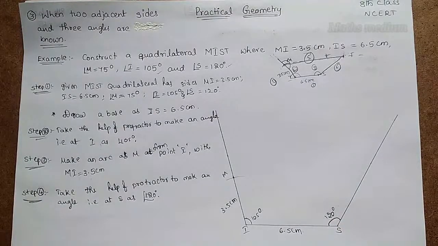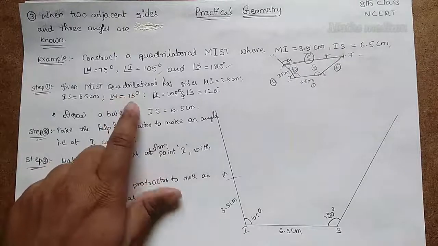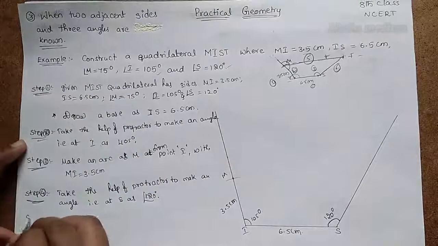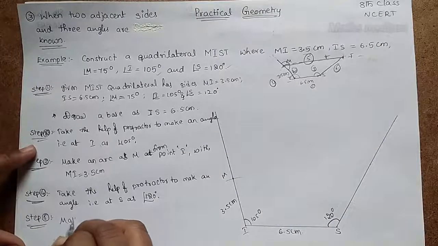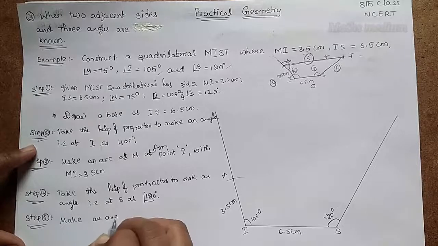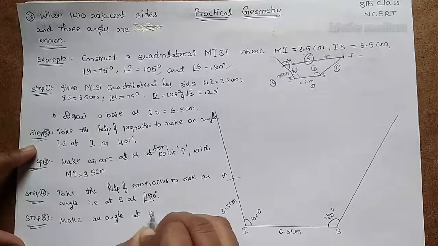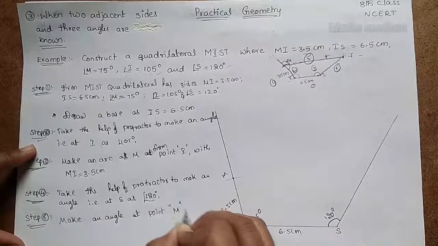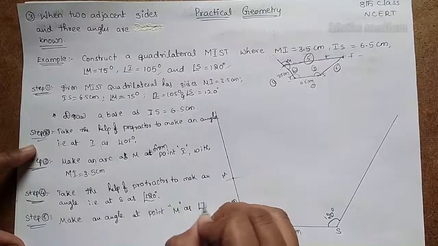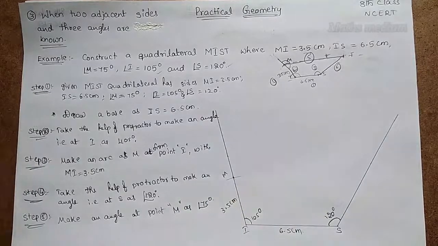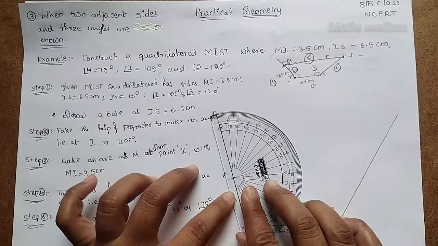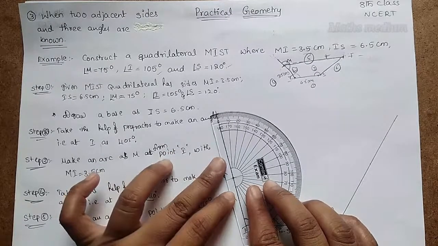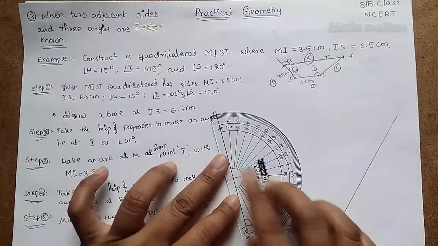Next, we have to construct another angle, that is M equal to 75 degrees. So step 5. Make an angle at point M as 75 degrees. Put the protractor here at M. Make sure that the line is parallel to the 0 line of the protractor and the point is at the pointer.